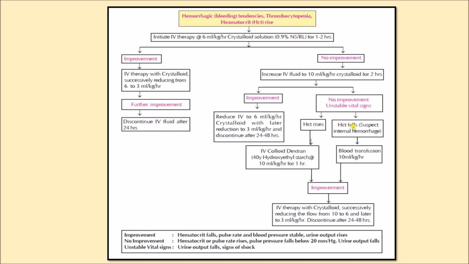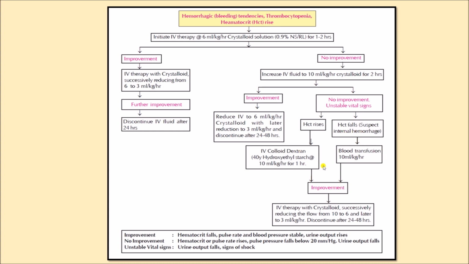If the hematocrit value falls, that means the hydration is adequate, but the hematocrit is still falling, which may indicate certain internal hemorrhage. In that case, we may have to give a blood transfusion, at a rate of 10 ml per kg per hour.